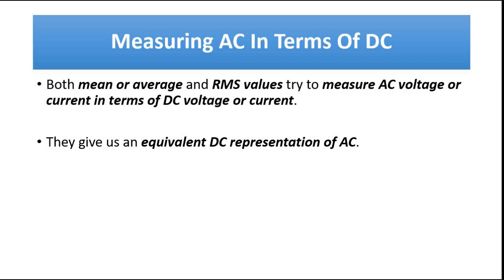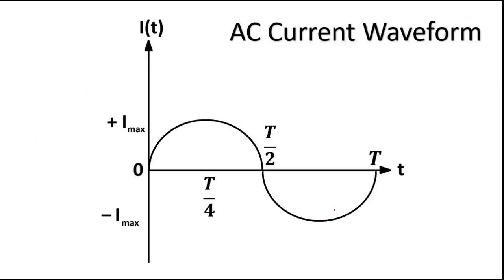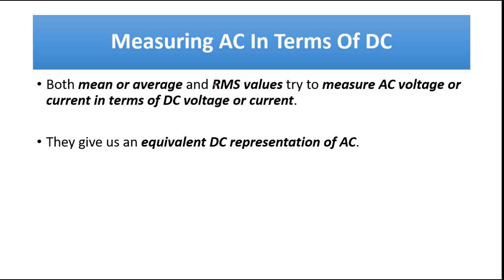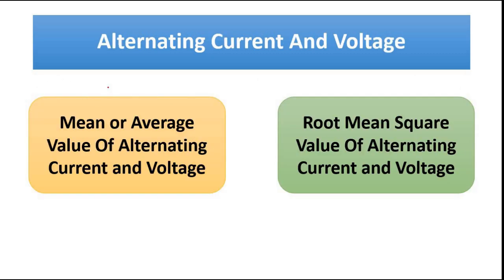We have an AC signal here, a continuously varying and periodically reversing signal. If we want to express it in terms of a steady DC quantity, what will be the equivalent representation? If we measure the amount of charge flowing through the circuit, that gives us the mean or average value, the amount of charge transferred.